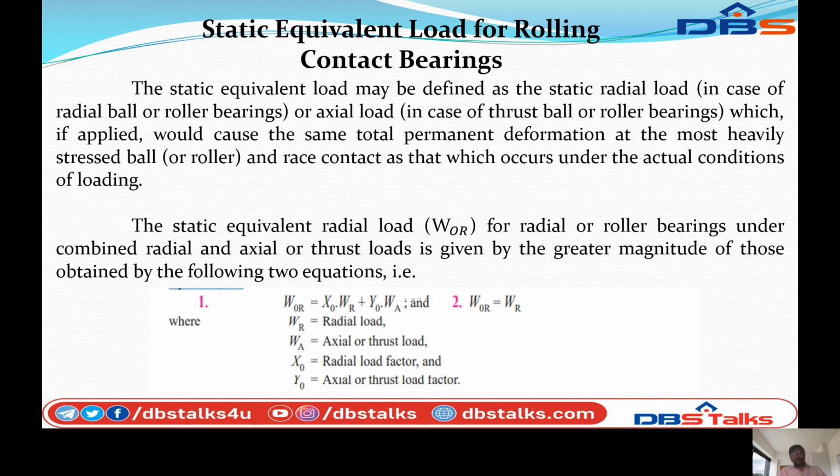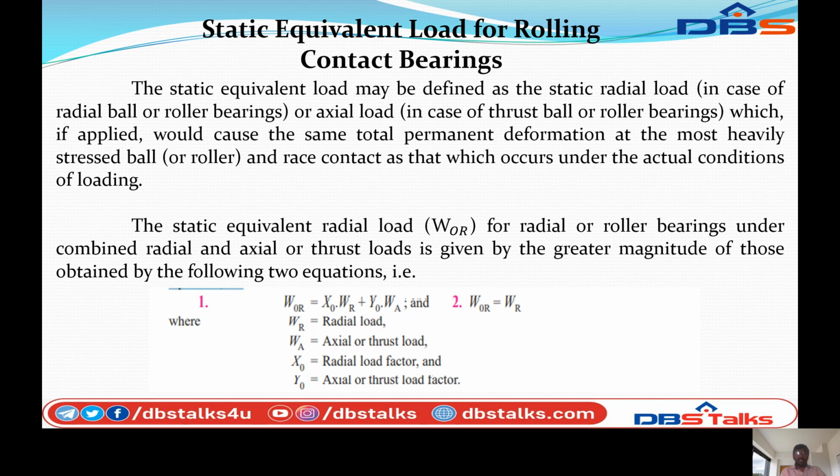The static equivalent load may be defined as the static radial load in case of radial ball or roller bearings, or axial load in case of thrust ball or roller bearings, which if applied would cause the same total permanent deformation at the most heavily stressed ball or roller and race contact as that which occurs under the actual conditions of loading.